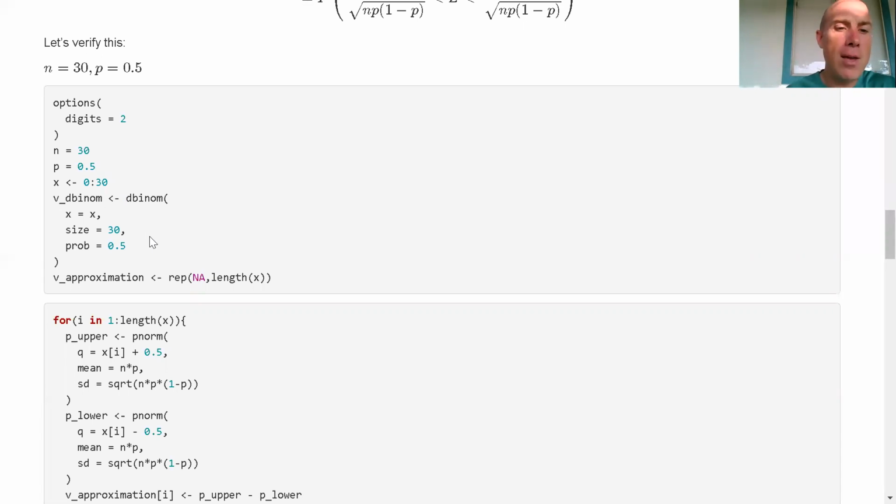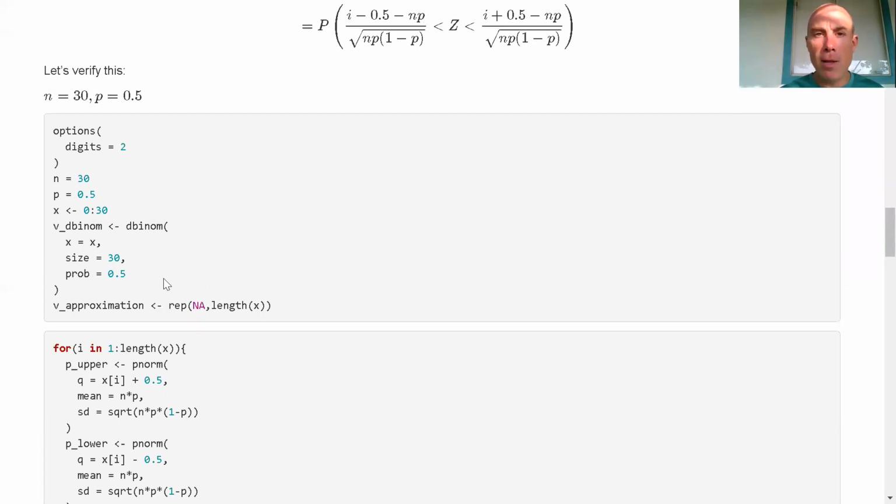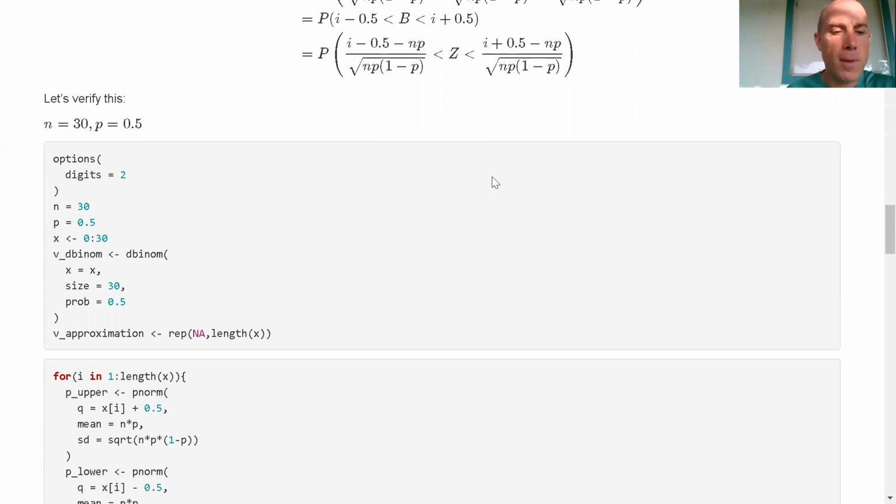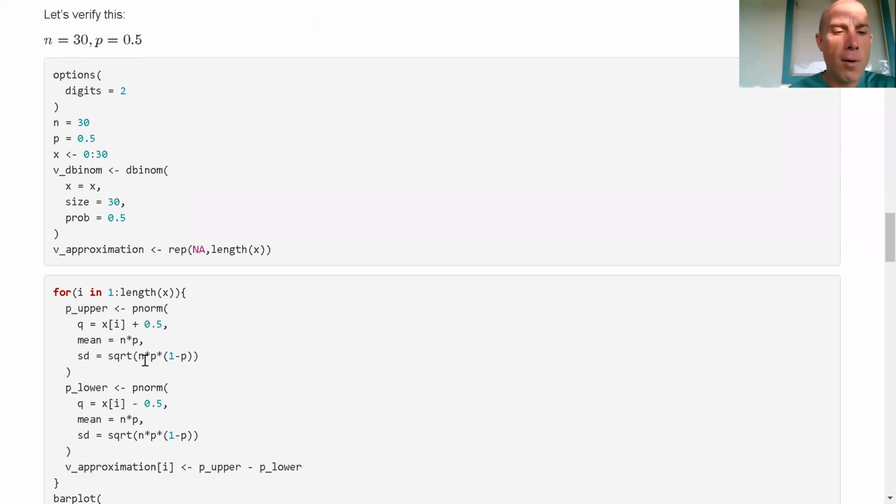Remember that in my inequality, I have an upper part and a lower part. I'm going to go along the Gaussian curve and chop up intervals so that I can make sub-regions, and each sub-region will be centered around an integer value. So I'm going to take the probability from the value minus 1 to the value plus 1.